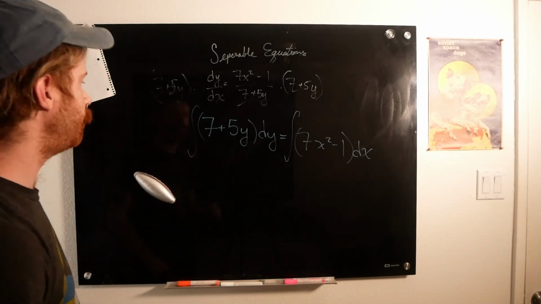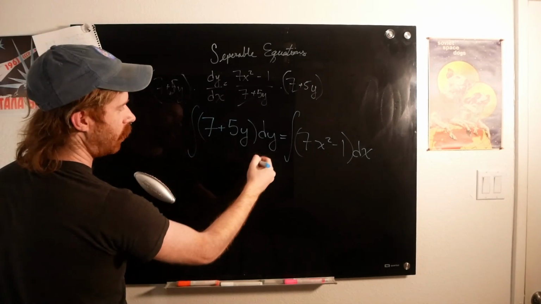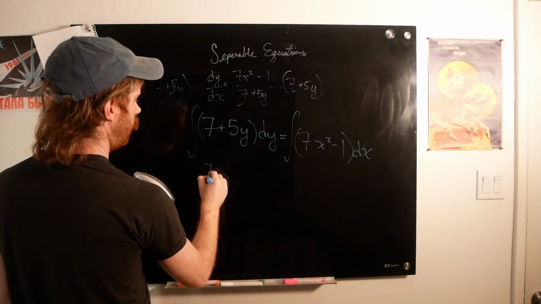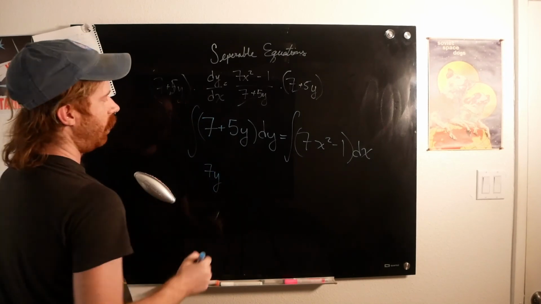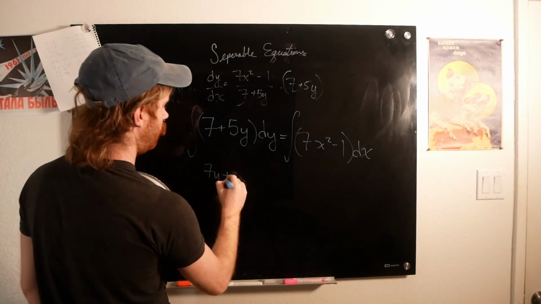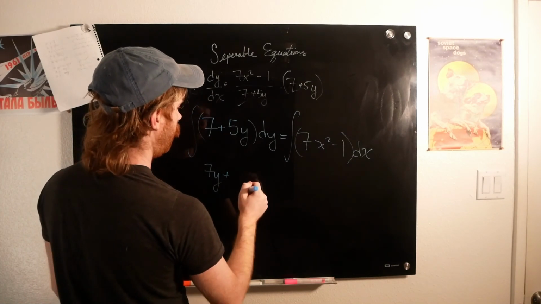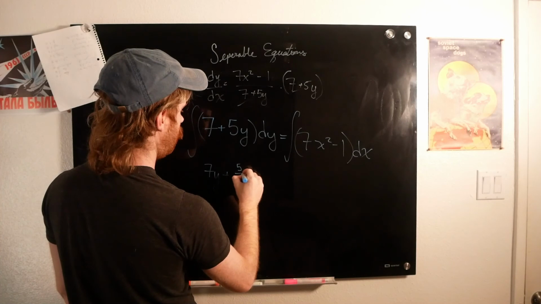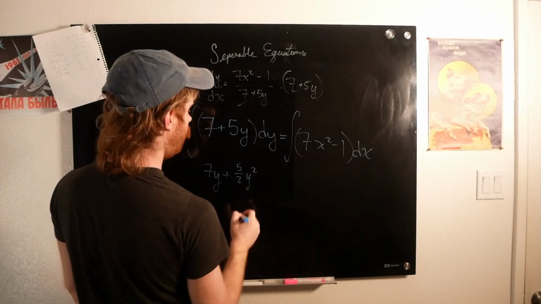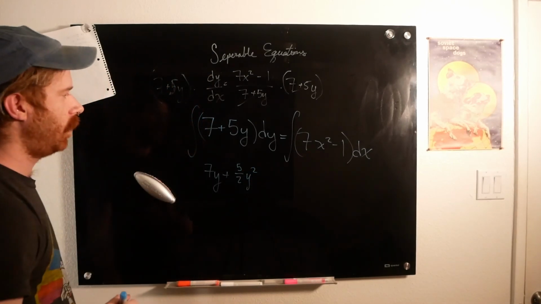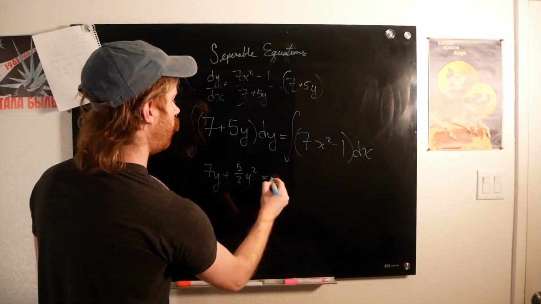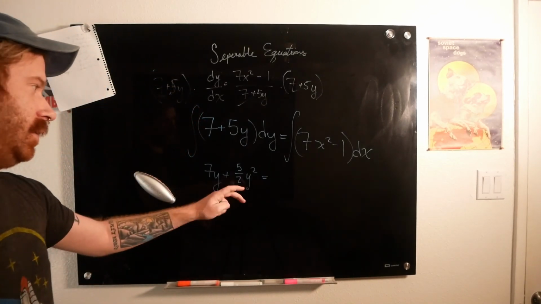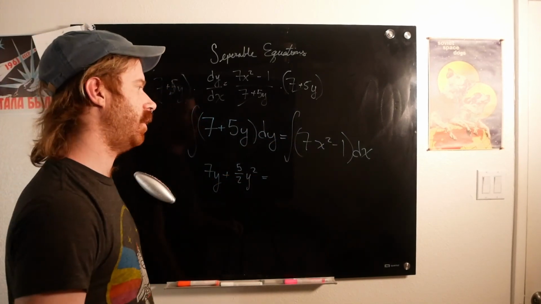So the integral of 7 with respect to y is just 7y. The integral of 5y with respect to y is 5 over 2 y squared, right? And then we're not worried about plus c yet because we worry about that on the right side of the equation.